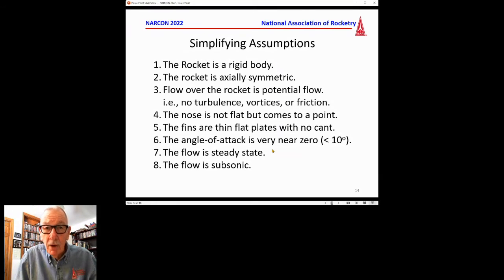And the cross-section of a rocket body is typically a circle. It's symmetric around its main axis, so that you're not getting a lot of bumps and actions on one side or the other.